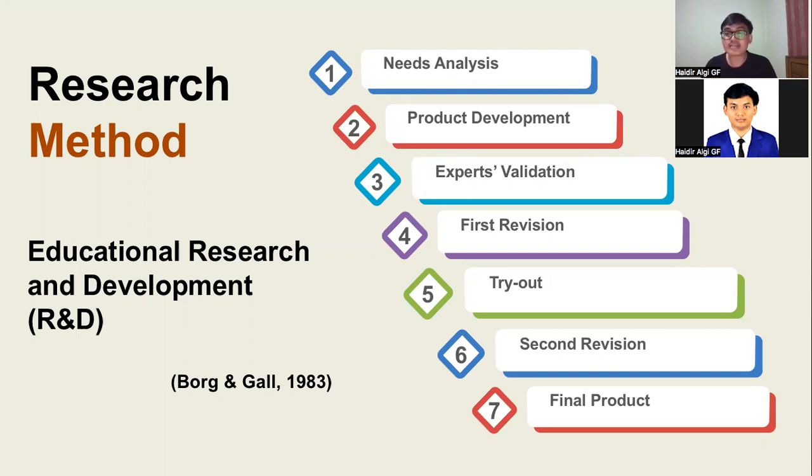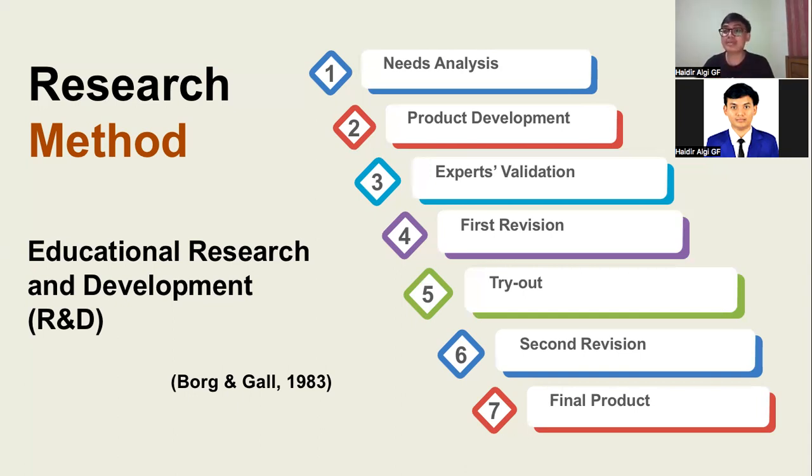It is considered ideal, and enough for an undergraduate or bachelor thesis, because as undergraduate students we don't need to achieve the stage of implementation, sir. What we need to do is just develop the idea and finish it by having the expert validation and a product tryout or testing.